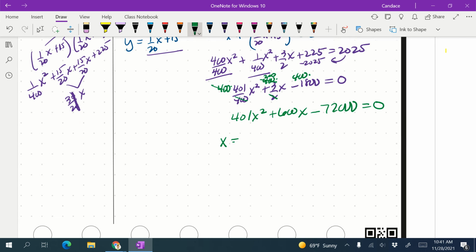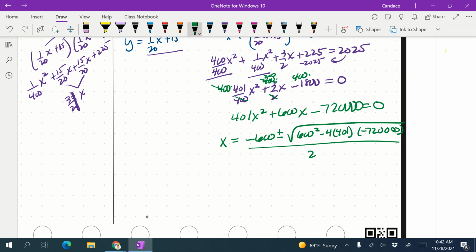So I'm going to go x equals negative b, which is negative 600, plus or minus the square root of 600 squared, minus 4 times 401 times negative 72,000. Oh, wait a minute. I'm missing a 0. We should have 720,000, all over 2 times my a value of 401.